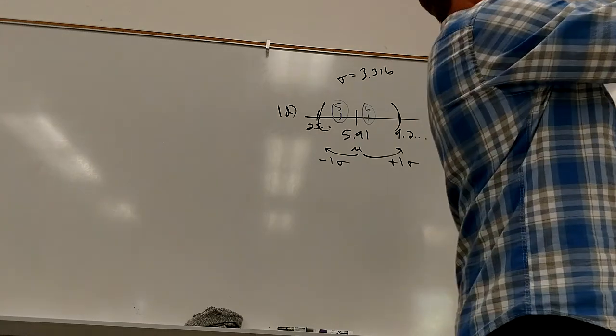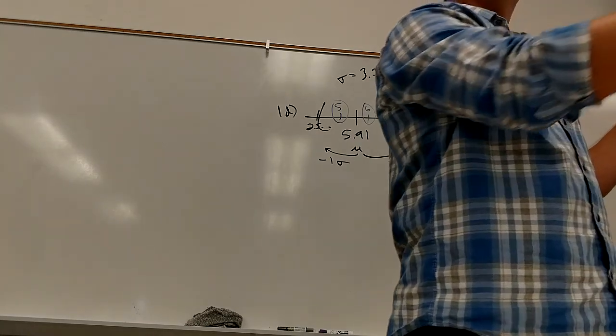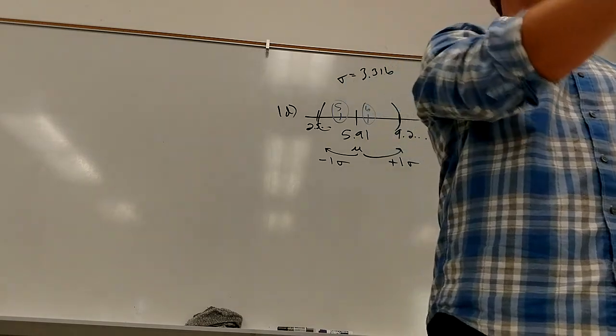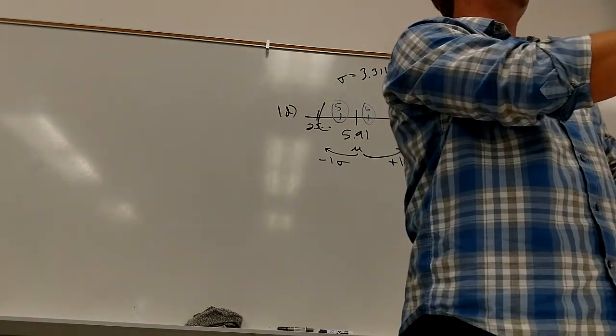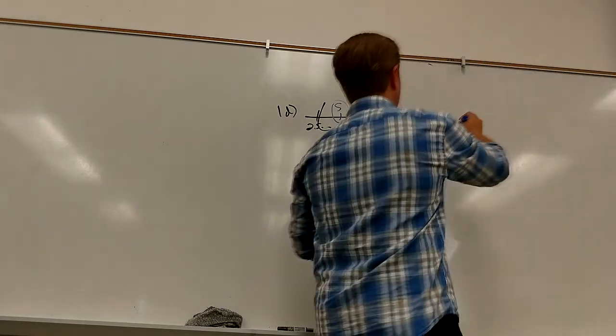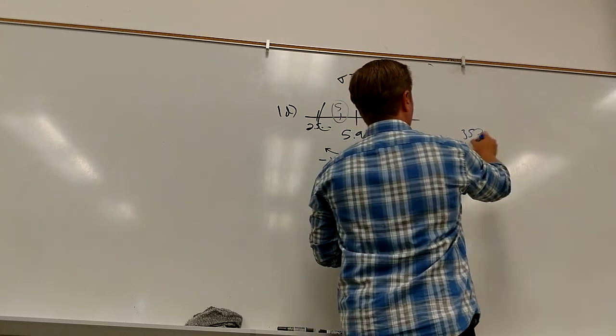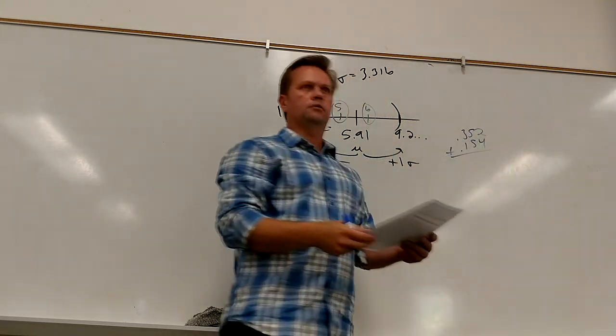What's the big P mean? It means probability or percentage. So I caught all the 5s, which is 0.352 already, and I caught all the 6s, an additional 0.154. Add those up.